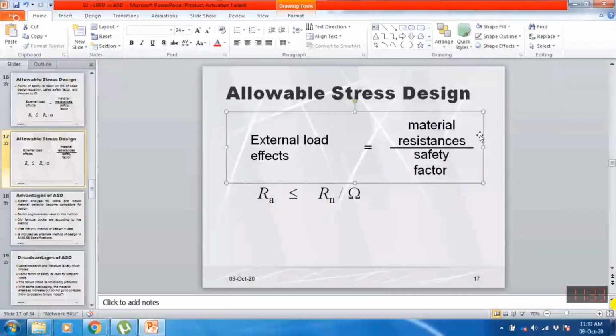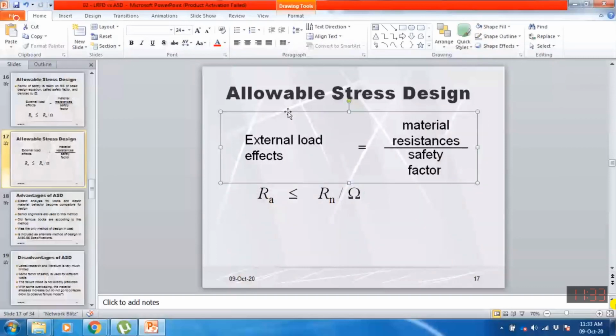So you can say, if you forget about the factor of safety for the time being, this equation is the same. External load effect should be equal to the resistance offered by a material. Material resistance. Actually, I will modify it to material resistance of structural shape.